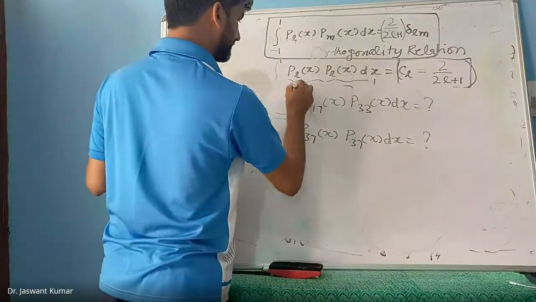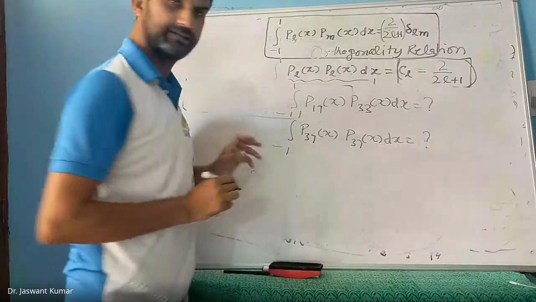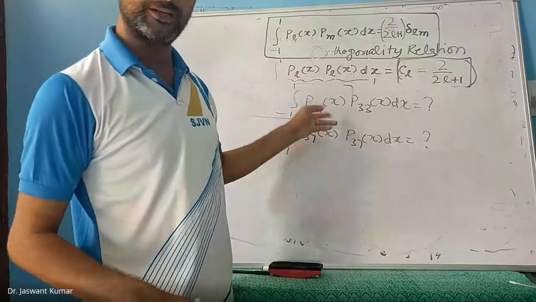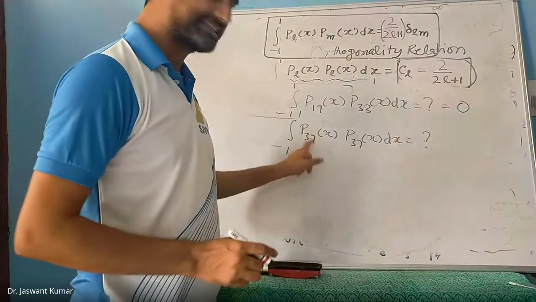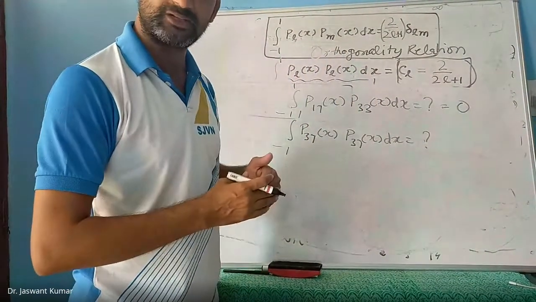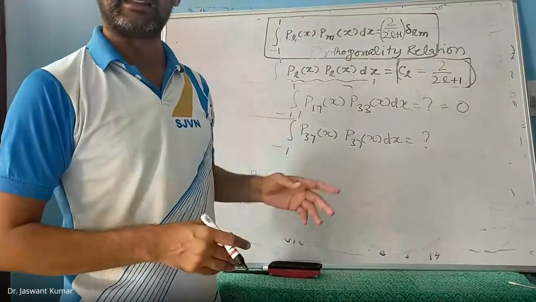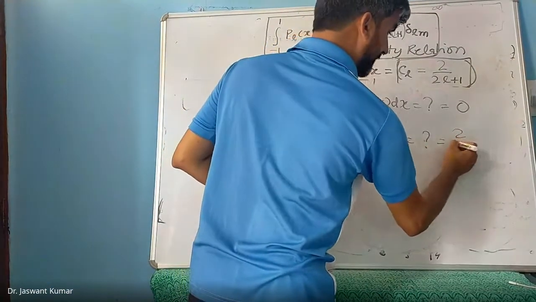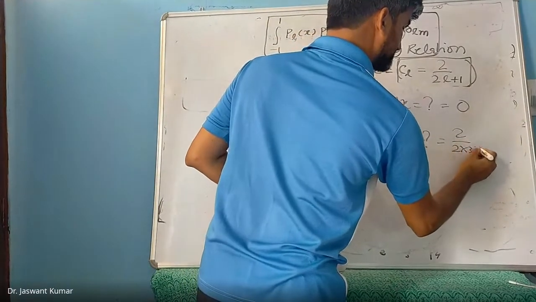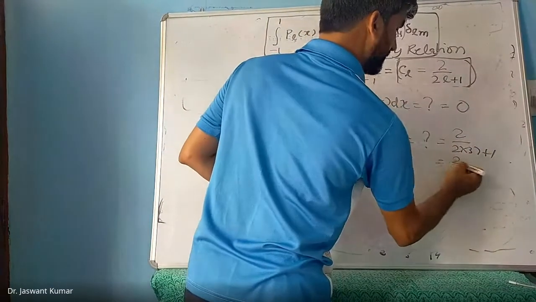Both between minus 1 and 1. From the orthogonality relation you can say the first will be equal to 0. You do not need to calculate the integral explicitly. For the second, the orthogonality relation tells you it will be 2 by 2 into 37 plus 1, so that is 2 by 75.